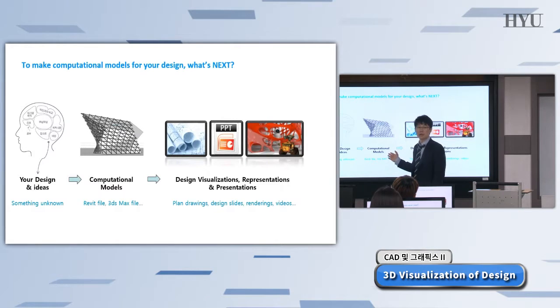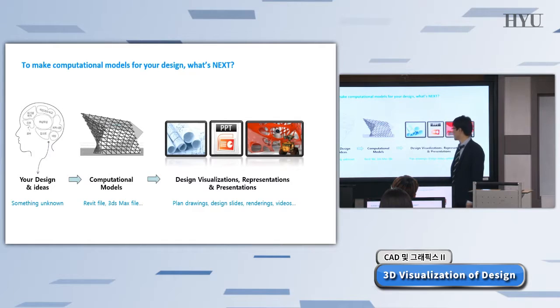This class is a design computing course. So you can draw by hand, or you can orally express what it is, or you can put your notes in PowerPoint. Such kinds of things are not computational models directly. So if you create a 3D Max model, SketchUp model, AutoCAD, Rhino model, that is now kind of visible, represented.